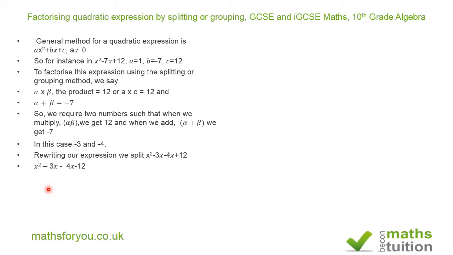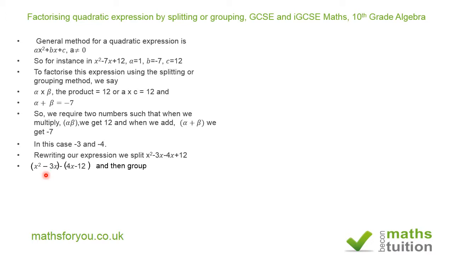Right. So now I'm going to group this. I've done the splitting, I'm now going to group. Note here that I got minus 12 there because I got this in brackets or parentheses. I'm looking for plus 12, so when I expand my bracket, I expect to get plus 12 there. Now what I then do is to factorize each of these two sets.